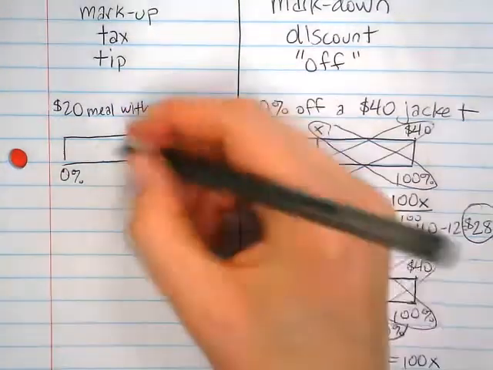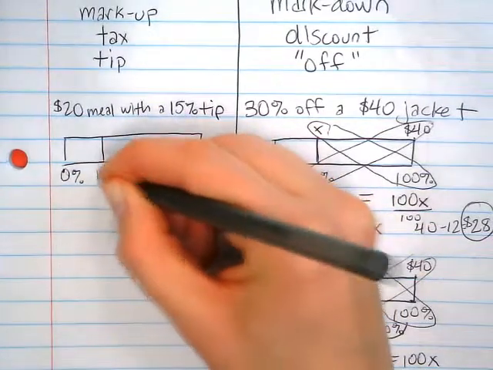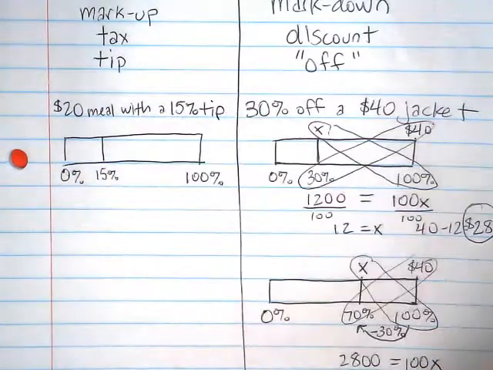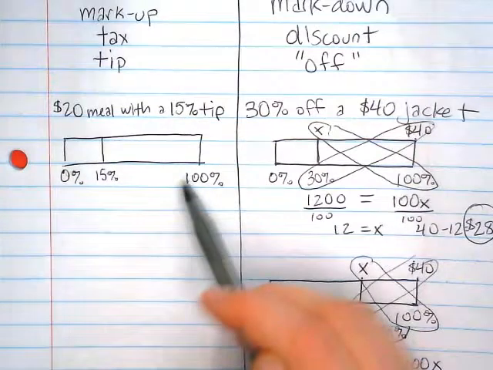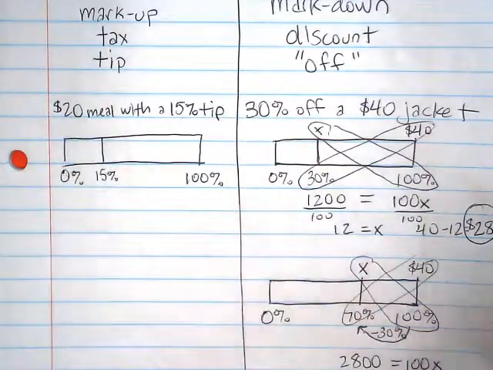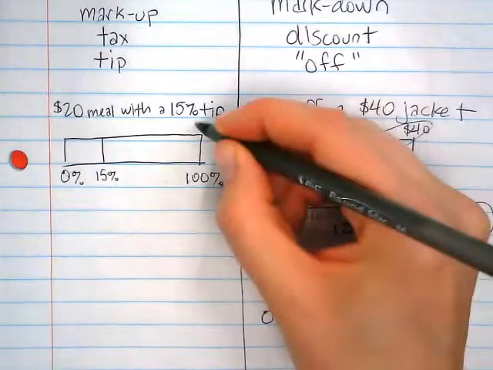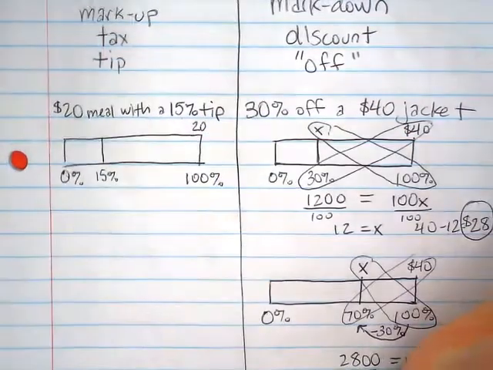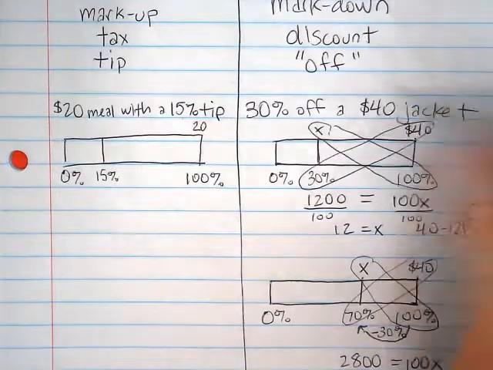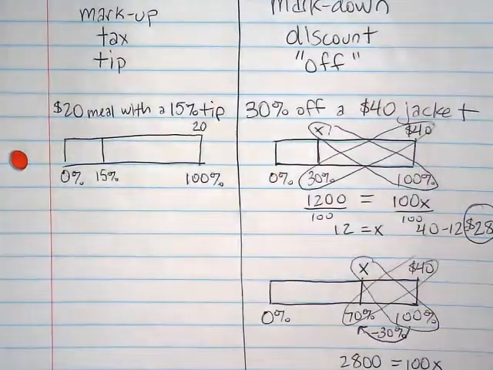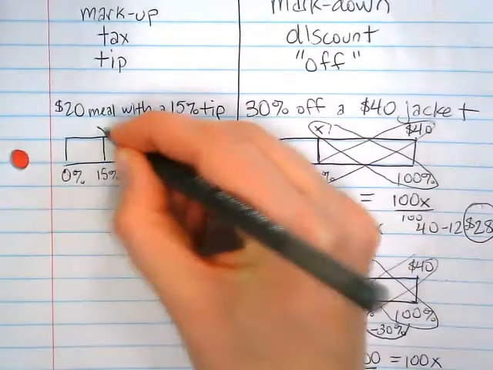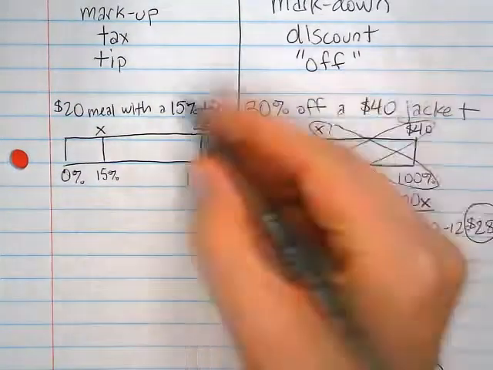Here I see a 15%, so I'm going to make 15% right there. I know that the meal was originally $20, and so my original, which is kind of like our whole, is going to go above the 100%, because it was originally a $20 meal. And we do not know what the tip is.